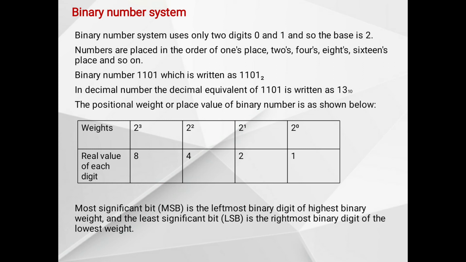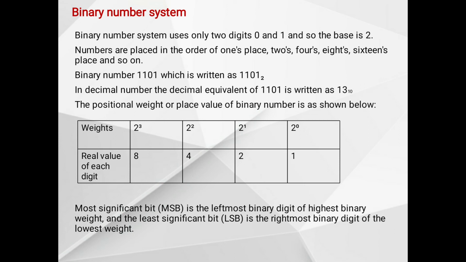Now in the binary number system, since the base is 2, 2 will be used as the base to determine the place value, and 2 to the power of an exponent will be used to determine the weight.